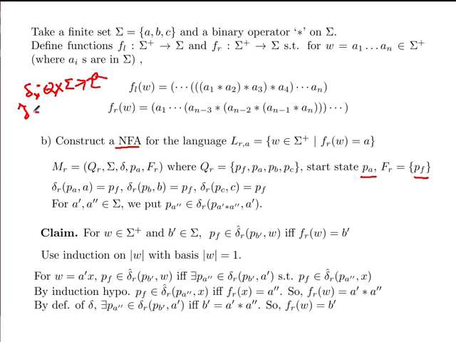So this hat again takes some state, then some string, and this also gives you a set of states, so 2 to the power Q, right? So that is why we use this thing. It's not equal to PF.